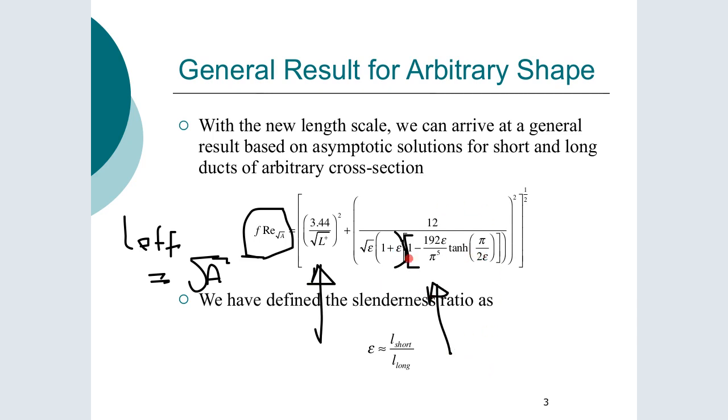If you look at this term, all it has inside it is epsilon, and epsilon is an aspect ratio, so it's a geometric feature. All of this is really just a constant that factors in the geometry you're looking at. So that is the fully developed portion of the expression, and this bit here is the developing section, the entrance region to the channel.